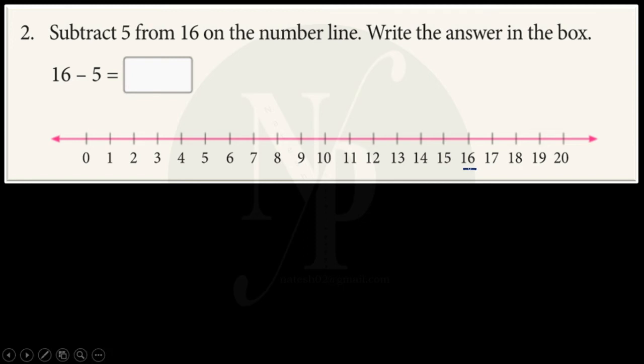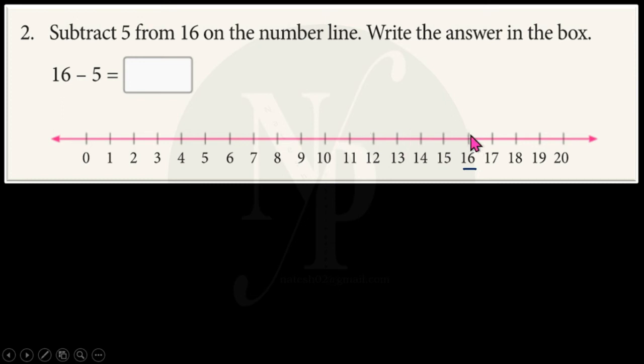So we have the number 16 here, and after finding this number, what should we do? Since we have a minus sign here, that means we have to subtract the second number from the first number. While subtracting, starting from the first number that we have located, we have to move towards left, isn't it?